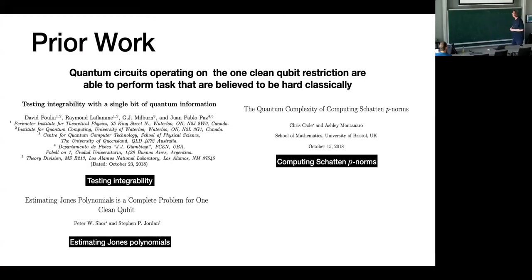Shor and Jordan have shown that estimating certain parameters of Jones polynomials is a complete problem for the one clean qubit model. There are other parameters of the Jones polynomials that are actually complete for BQP, and the one clean qubit model should be a proper subclass of BQP. At least that's what everybody conjectures. So this is something. It's a different problem.